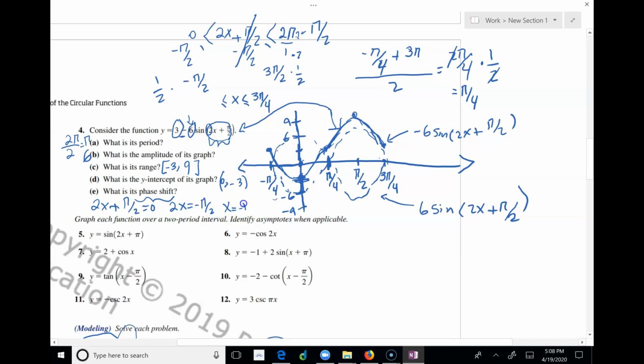X is -pi/4. So phase shift is -pi/4 or pi/4 to the left. Okay. So the next few are graphing.